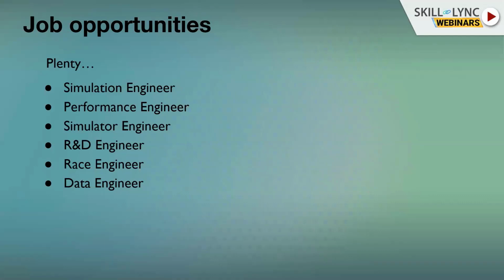So that's why performance engineer is in my case probably the most interesting job, because it combines the racetrack and also the simulation. Then you have also simulator engineer. Again, it's mostly used in Formula One or Formula E championship.